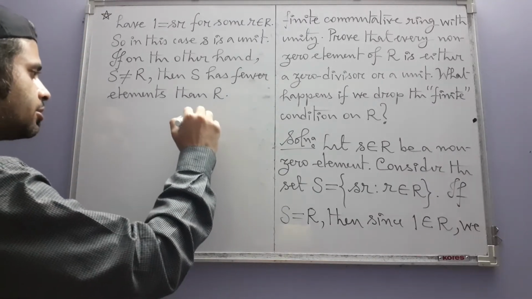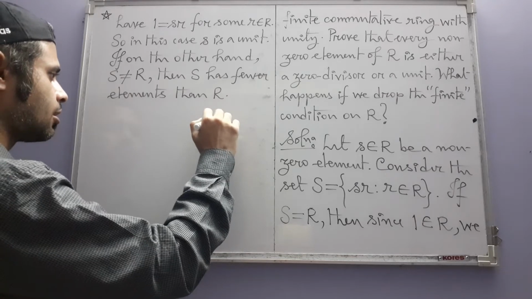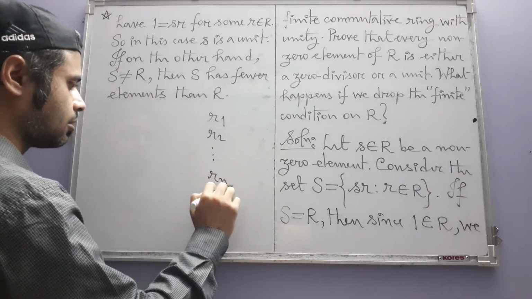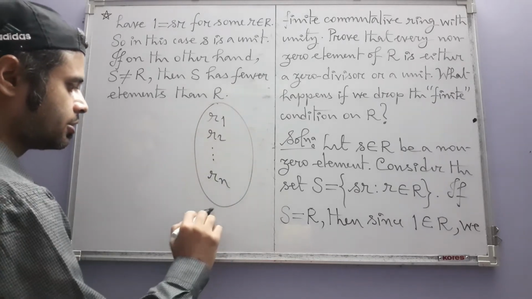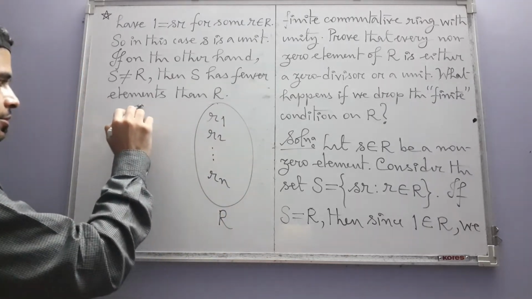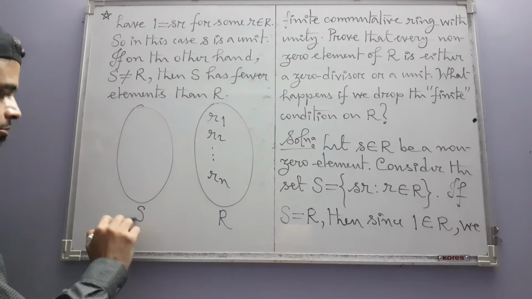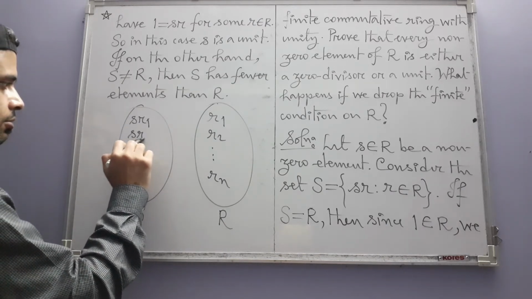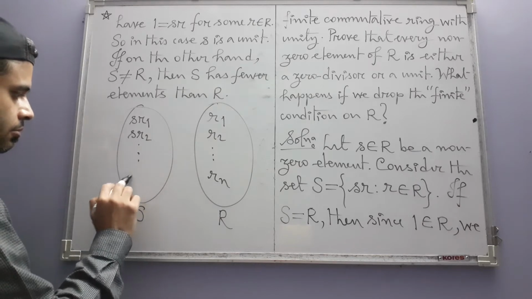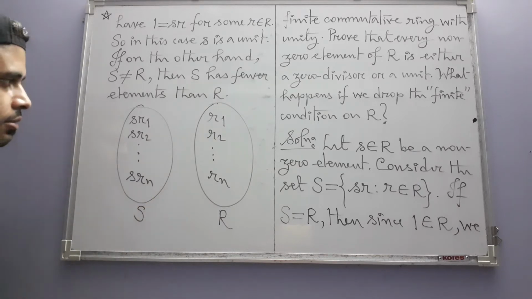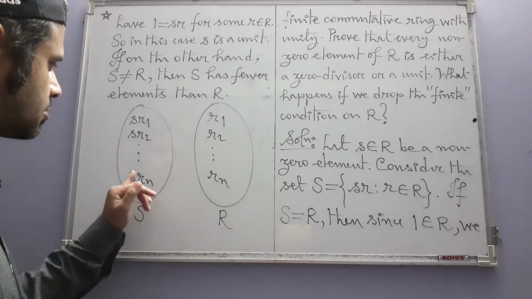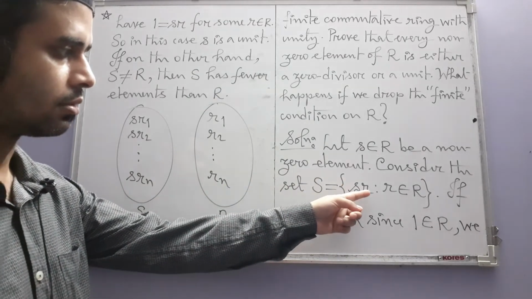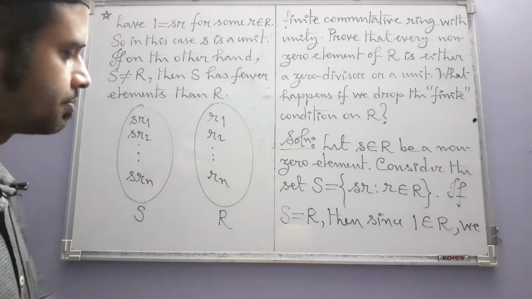Say if your original R is this, r1, r2, r3, rn, this is your original R. S looks like this: sr1, sr2, srn. S consists of all the multiples of small s by ring elements.